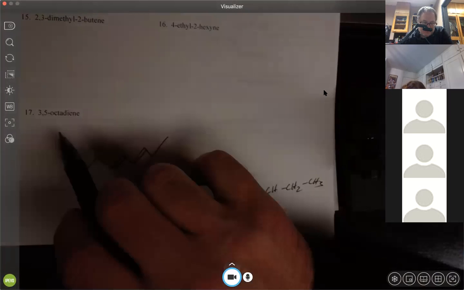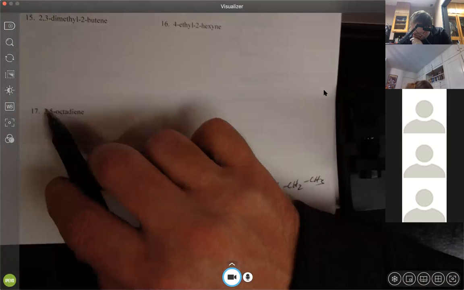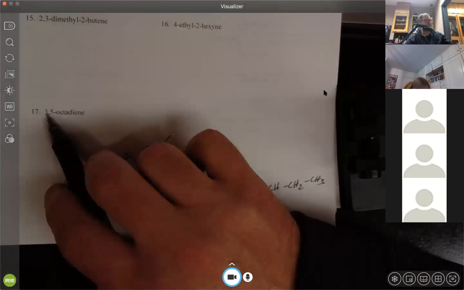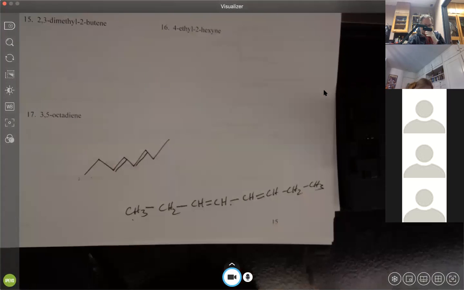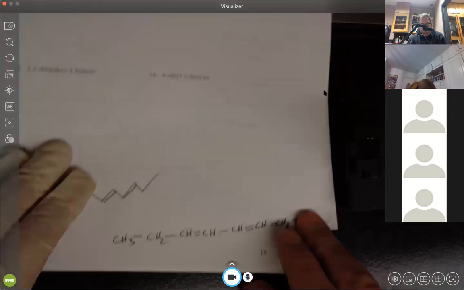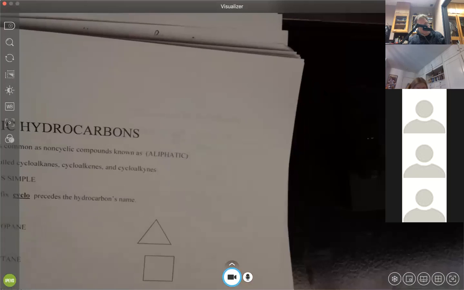The di refers to 2. Enes refer to double bonds. The first one is between the 3rd and the 4th. The second one is between the 5th and the 6th. Fun stuff.